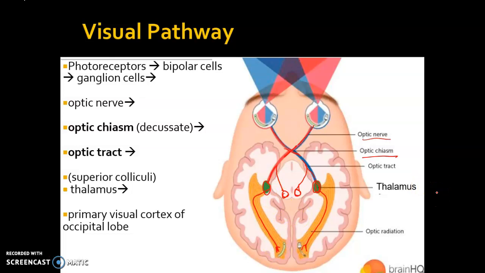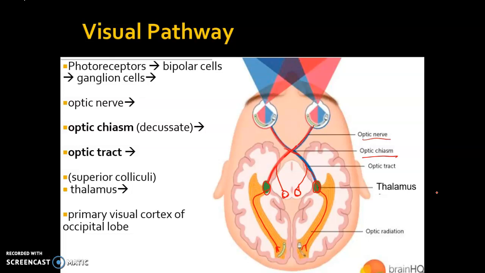So to review, the photoreceptors stimulate the bipolar cells that synapse with the ganglion cells. The axons of the ganglion cells come together to form the optic nerve. The optic nerve leaves the eye and then crosses at the optic chiasm and enters the brain as the optic tract.